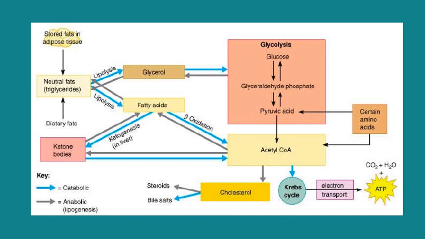Fatty acids are oxidized through fatty acid or beta oxidation into two-carbon acetyl-CoA molecules, which can then enter the Krebs cycle to generate ATP. If excess acetyl-CoA is created and overloads the capacity of the Krebs cycle, the acetyl-CoA can be used to synthesize ketone bodies.